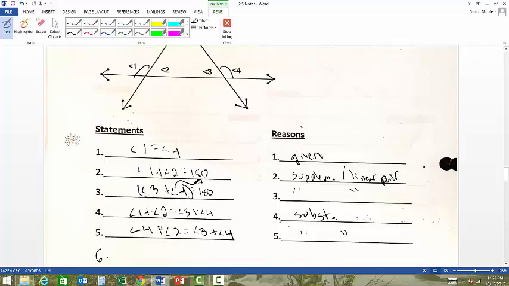So it looks like we're going to need a sixth step, so I'll just go ahead and add a line down here. No big deal. And now I can finally get rid of that angle 4 by subtracting it off, and I get angle 2 equals angle 3, thanks to the subtraction property.